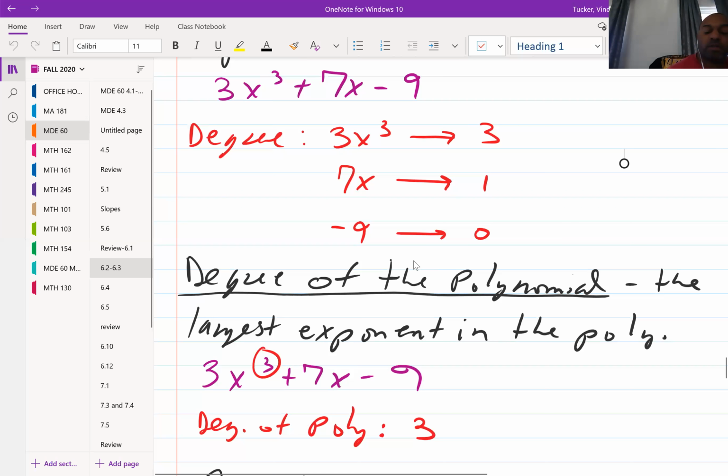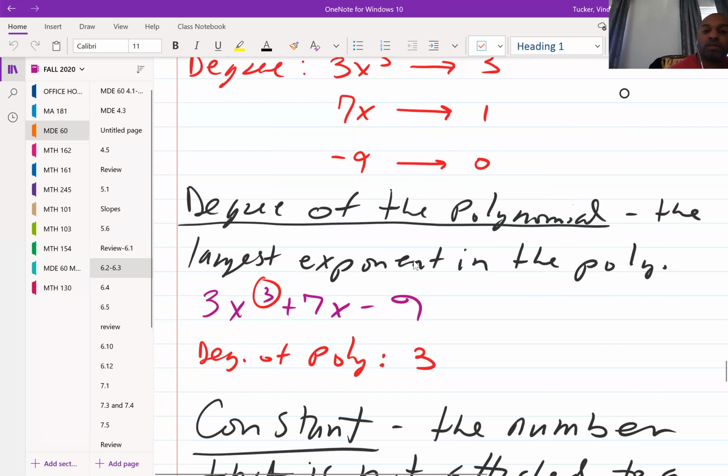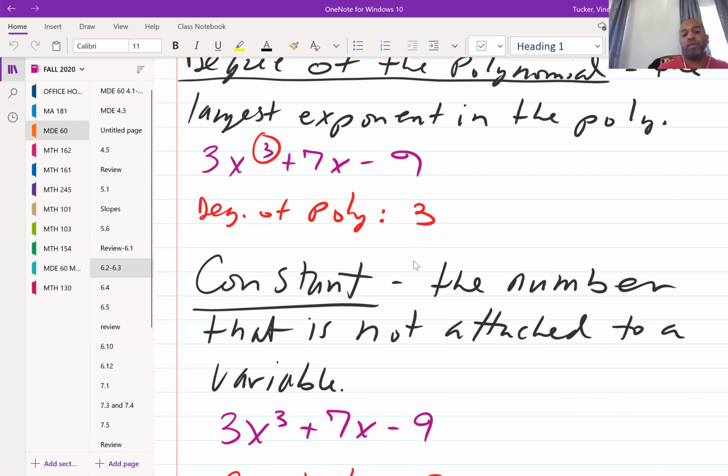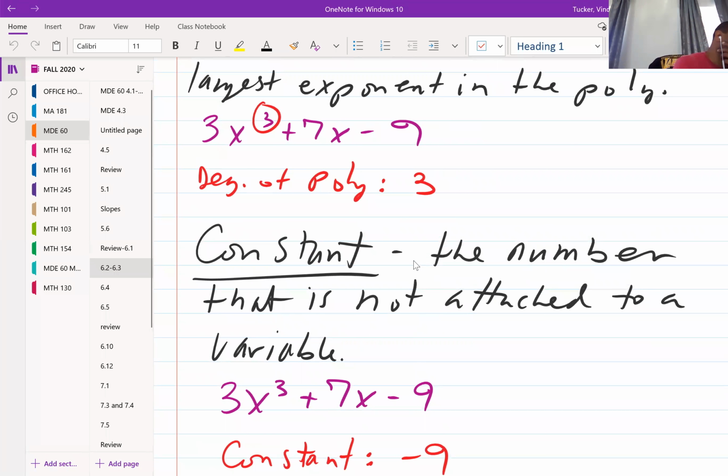All right. The constant is a number that is not attached to a variable. So our constant would be negative 9.